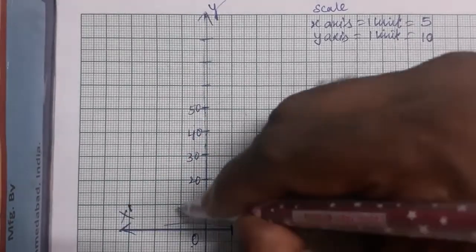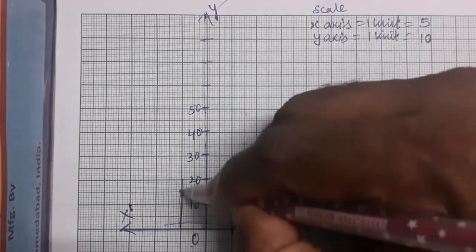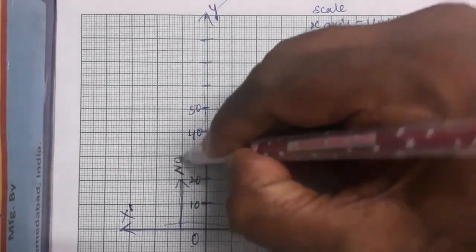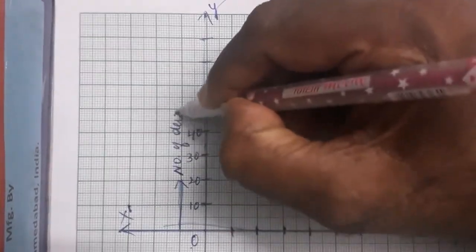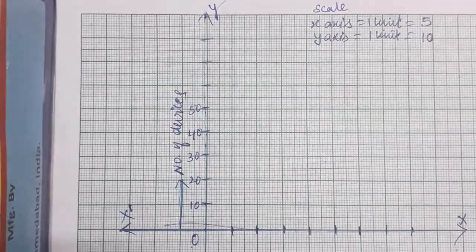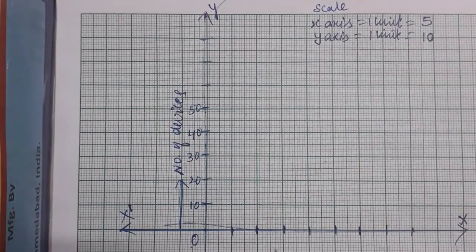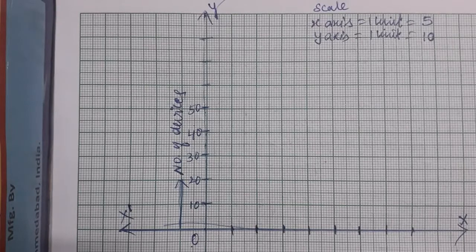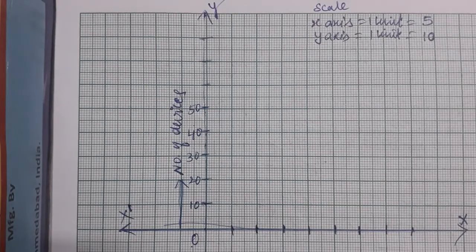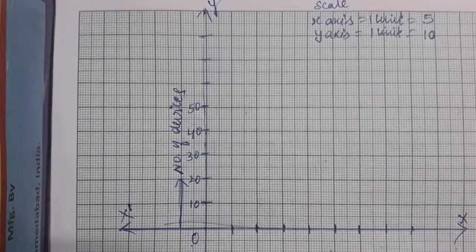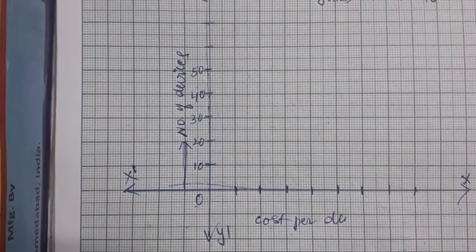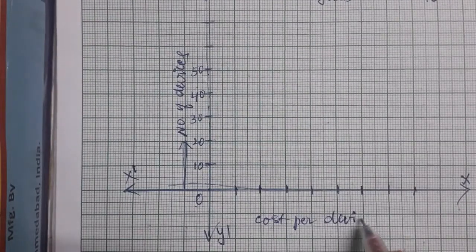What is this y-axis? Y-axis is number of devices. Now what is x-axis? X-axis is cost per device.